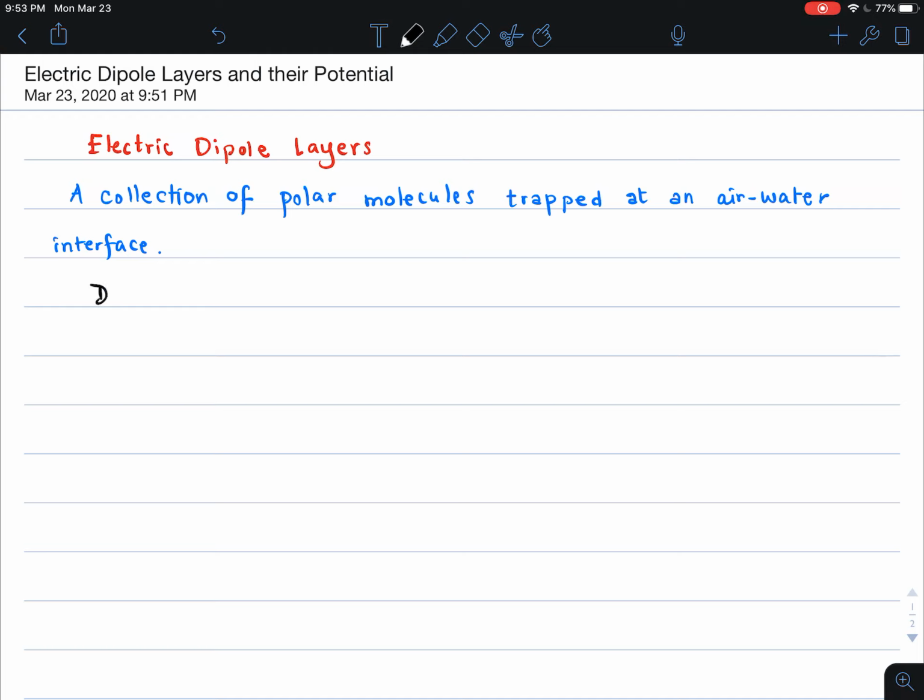So we assume that the dipole moment of each molecule be p equal to q times b. q is the charge, b is the length of the molecule, q is the effective charge.